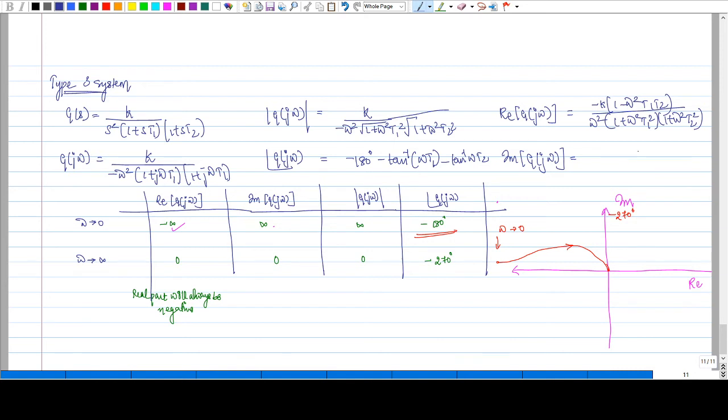Imaginary part is (t1 plus t2) divided by omega (1 plus omega square t1 square)(1 plus omega square t2 square). So here you can see the real part will remain negative when omega square t1 t2 is less than 1, and it will become positive when omega square t1 t2 is greater than 1. Similarly, the imaginary part, no matter what your value is, will always remain positive.